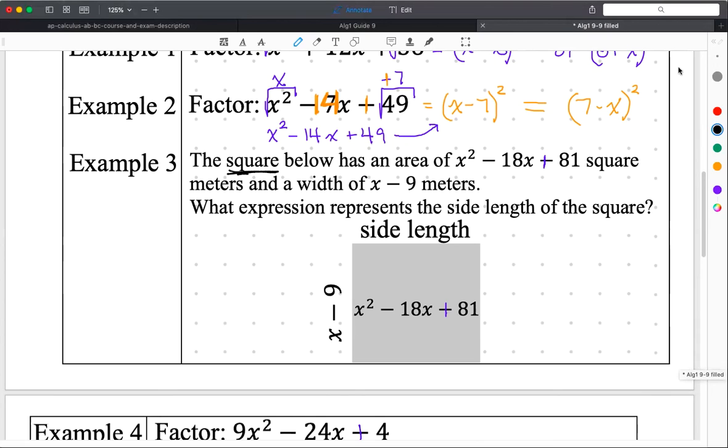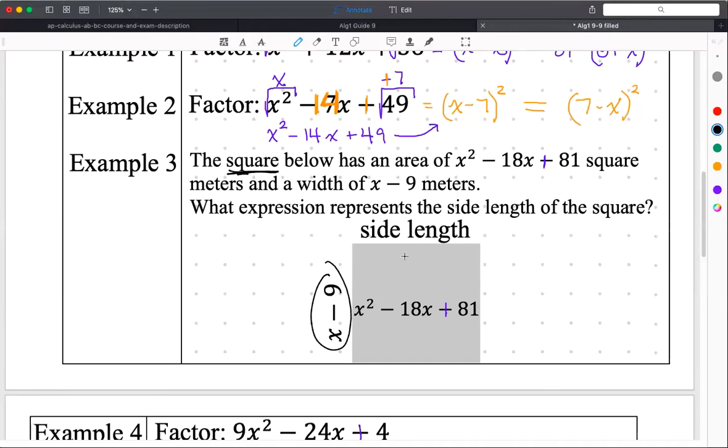The square below has an area of x. What expression represents the length of the square? The side length is 9x. I mean, it looks like the other one should be something 2x, but that doesn't seem right either. It seems like it's either.